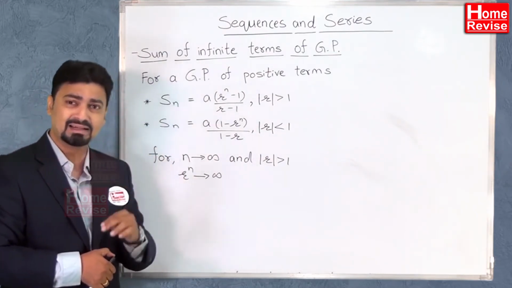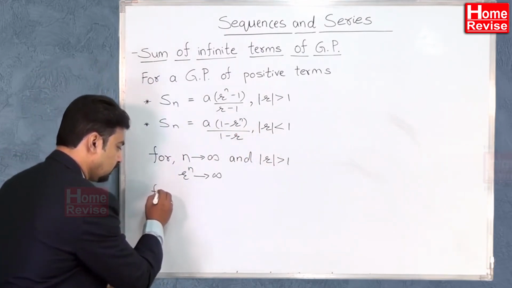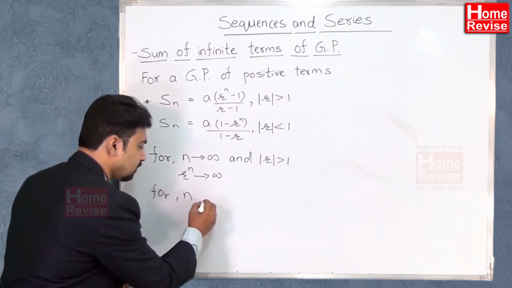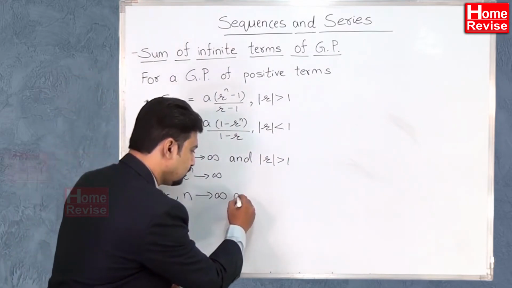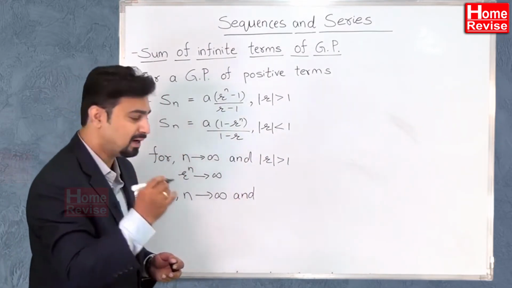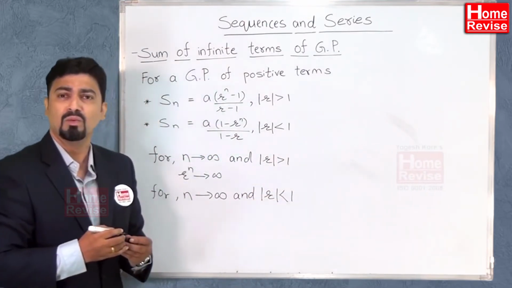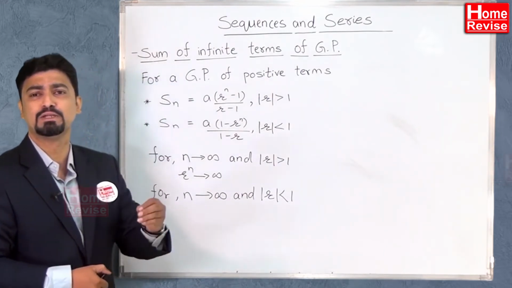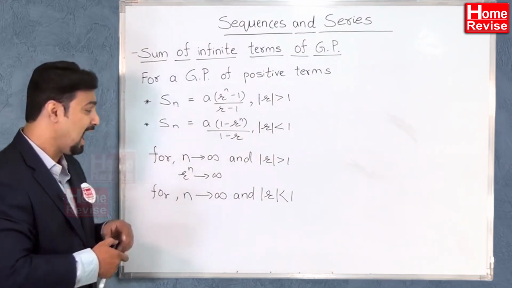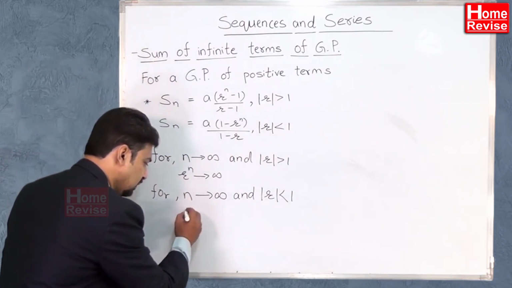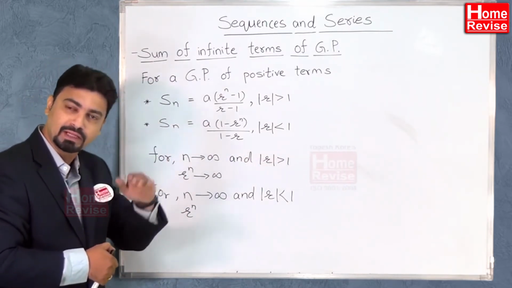Let us consider the second condition where mod r is less than 1. In this condition, for n becoming infinity and mod r less than 1, for example, let's say 0.8, 0.5, 0.02, etc., what will be the value of r raised to n when n becomes infinity?